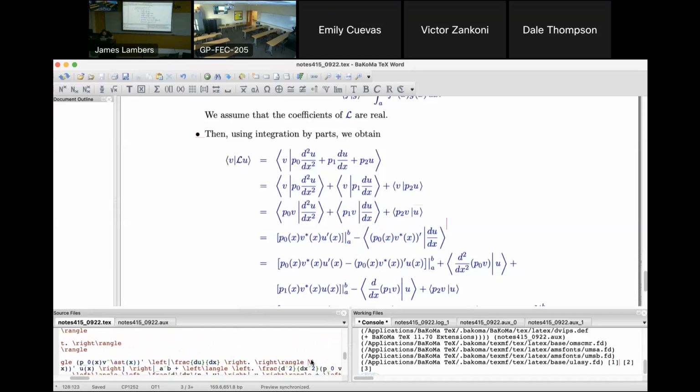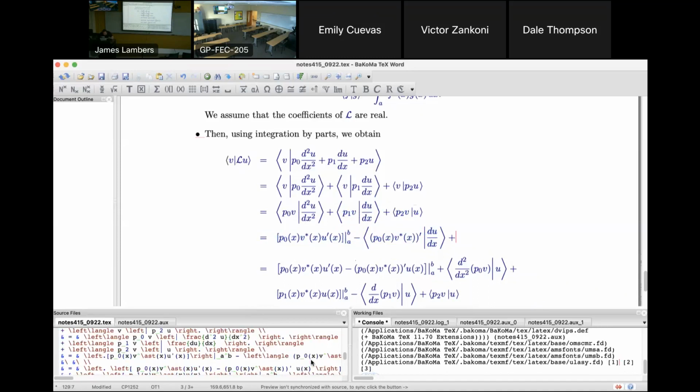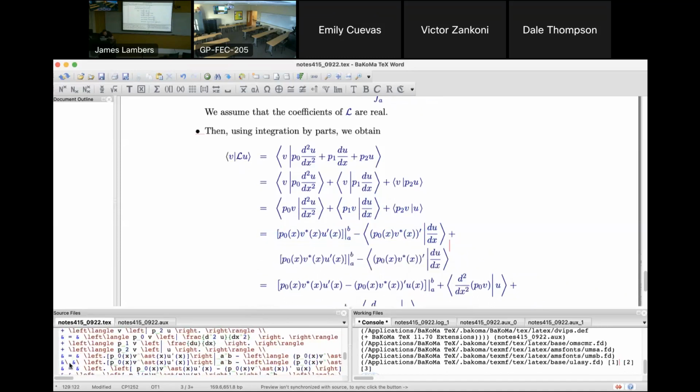I'll be very careful how I format this. So here I'll have P1, and then just plain U, and then here also I'll have P1.